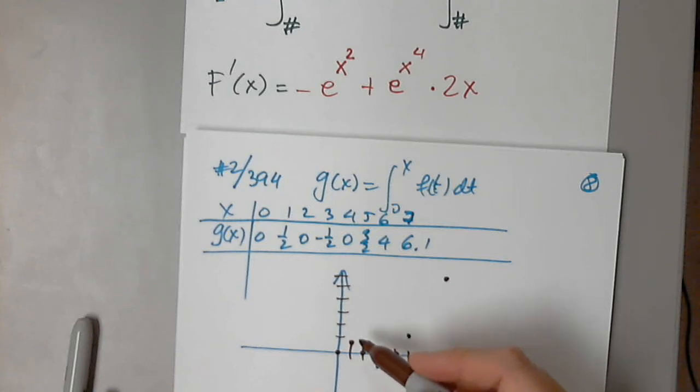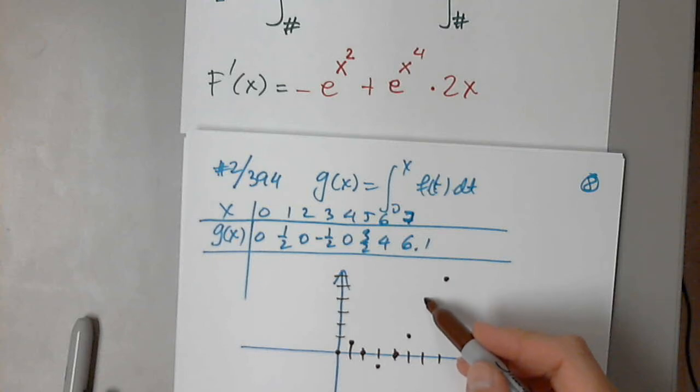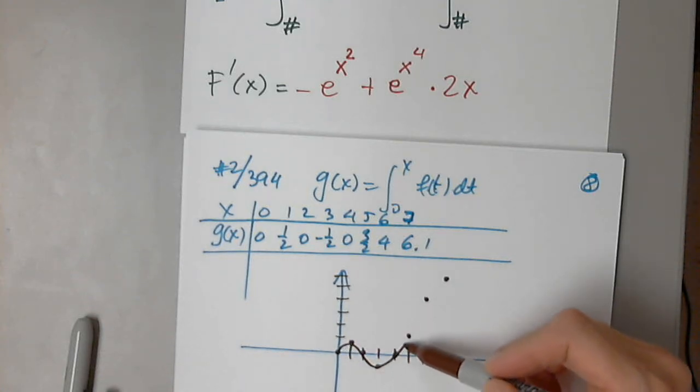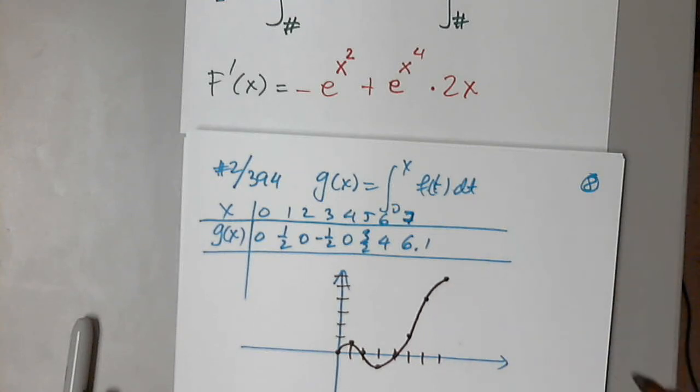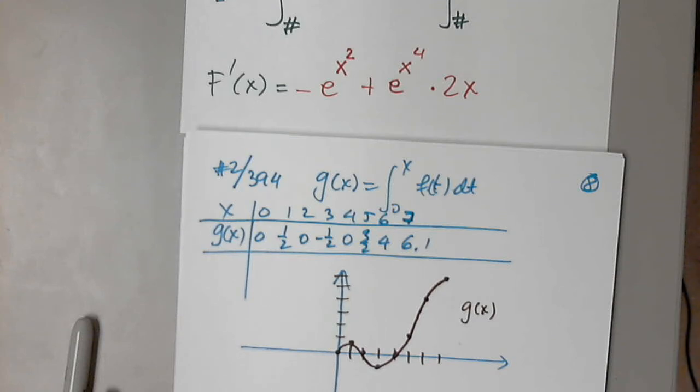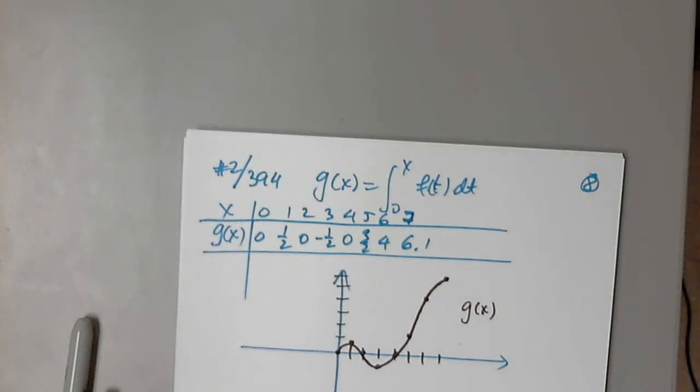At 6 it is 4. And this is the graph of g of x, a function given in the form of an integral. Any questions?